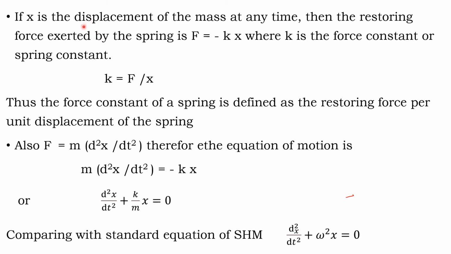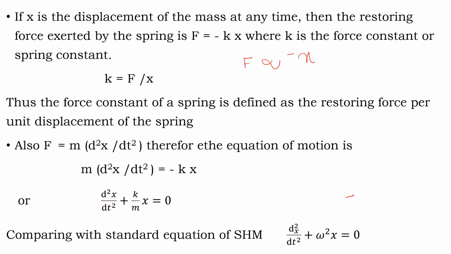If x is the displacement of the mass at any time, then the restoring force F exerted by the spring is proportional to this displacement. This F acts opposite to the direction in which the mass is displaced.